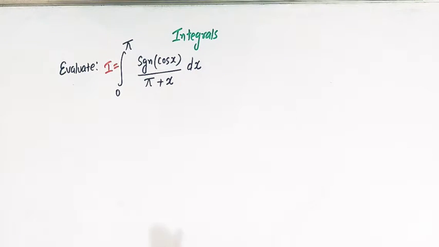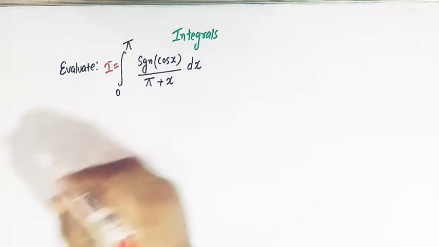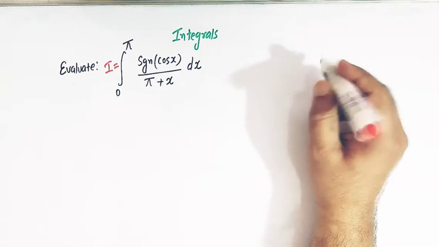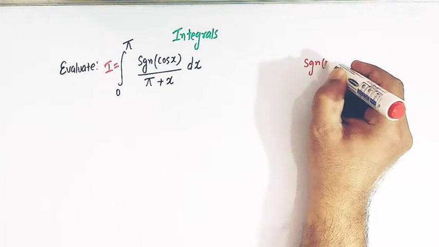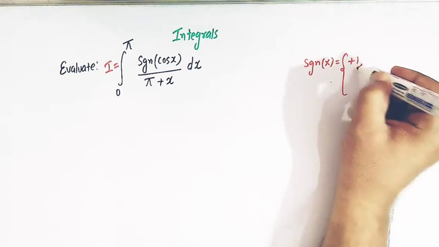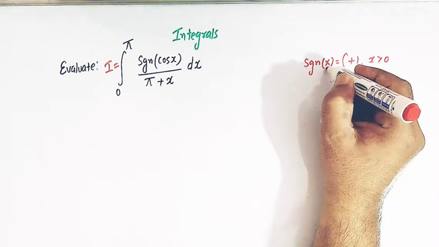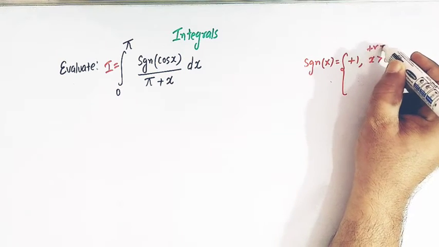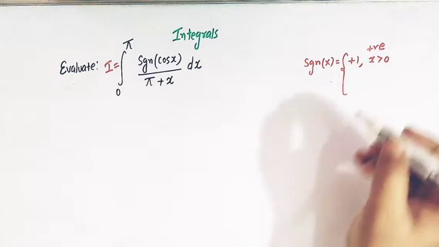Here we see that the integrand involves the signum function, so let us quickly revisit its definition. We define signum of x as positive 1 whenever x is greater than 0, that is for all positive x.